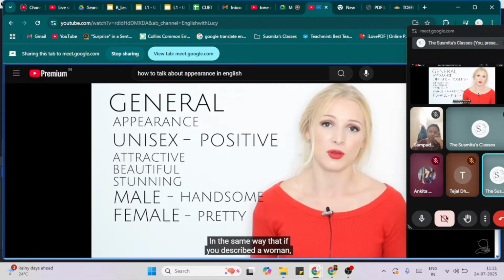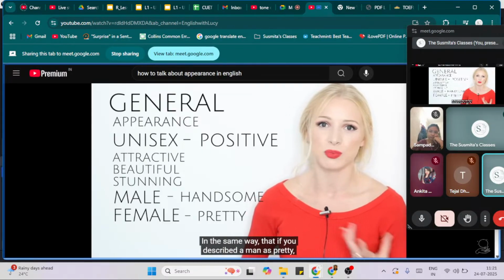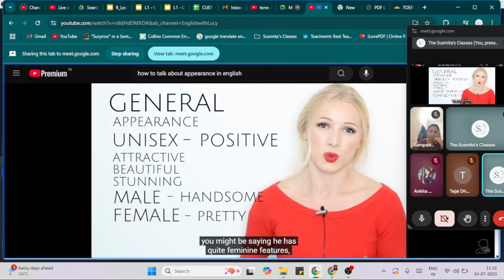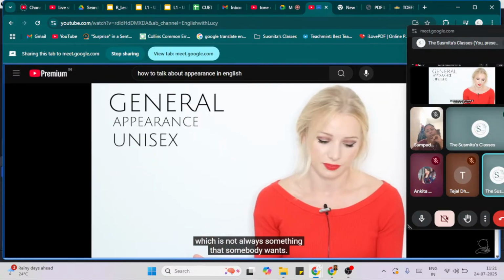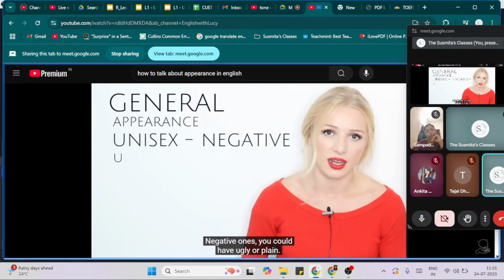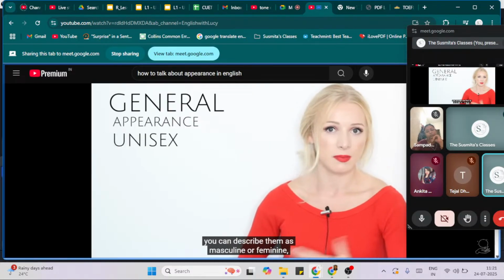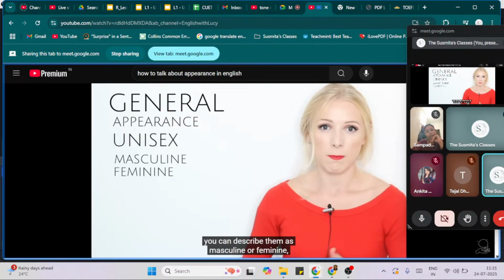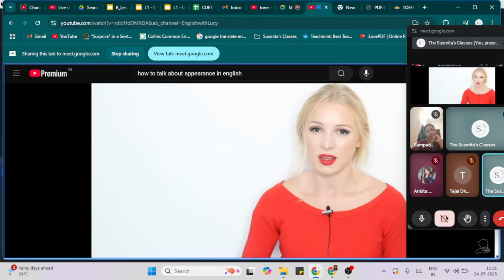In the same way that if you described a man as pretty, you might be saying he has quite feminine features, which is not always something that somebody wants. Negative ones, you can have ugly or plain. Other ways of describing people, you can describe them as masculine or feminine, boyish, manly, girly, womanly.